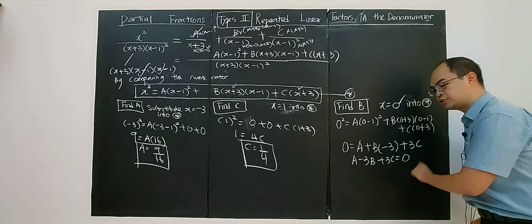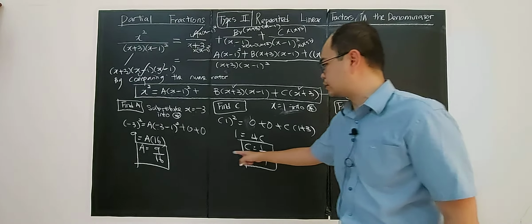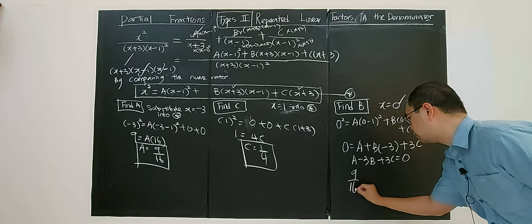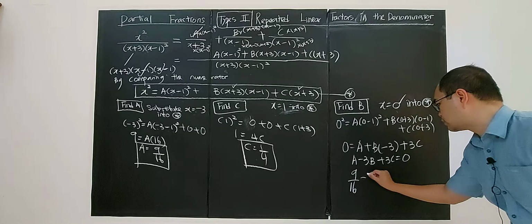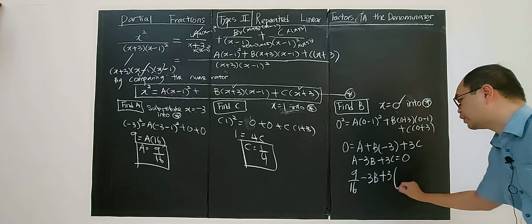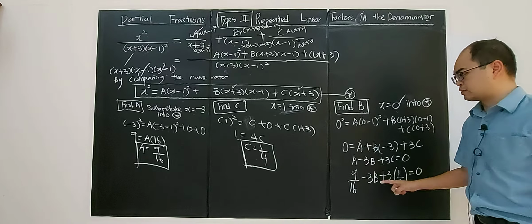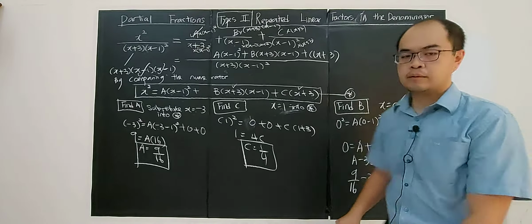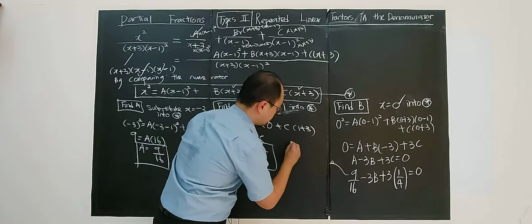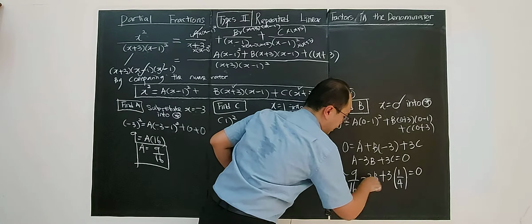This is a relationship between a, b and c. So you can find b, right? Because you already know the values of c and a. So you can just substitute 9 over 16 minus 3 times b, the b you want to find, plus 3 times 1 over 4 equals to 0, right? So you substitute what you have here into here, then you find the b. So add 3b to both sides.